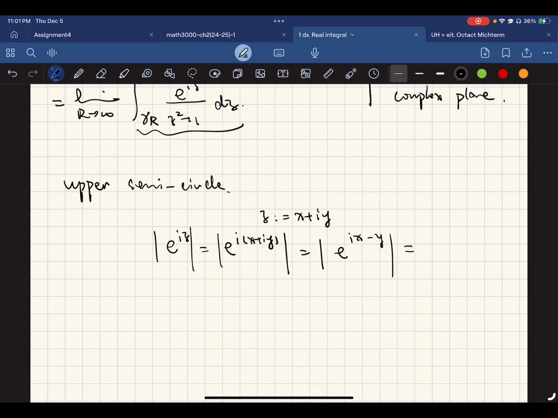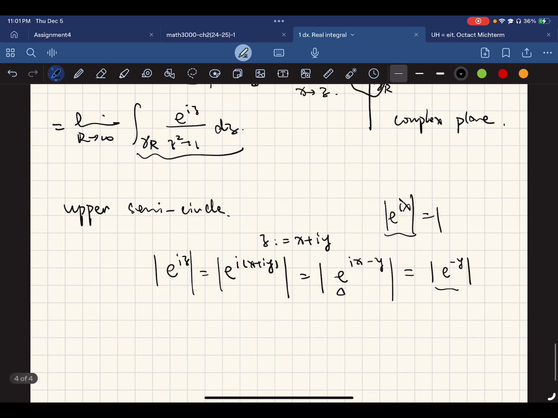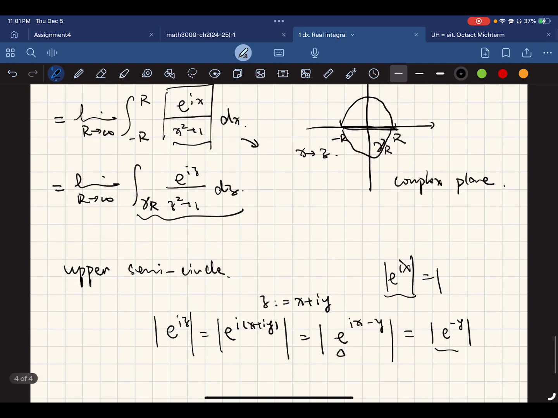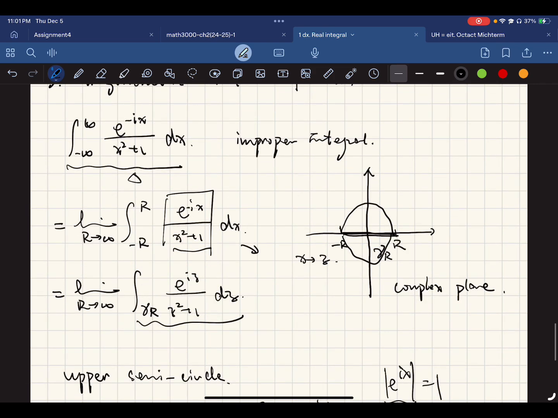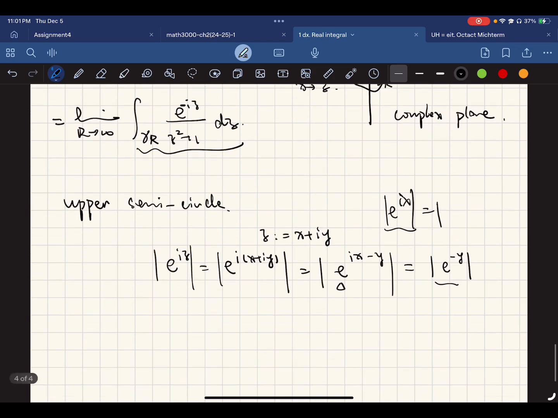And we will find that as e to the power ix, we take its modulus, it becomes 1. So we only have this remainder. Sorry, it should be negative; there's a typo.